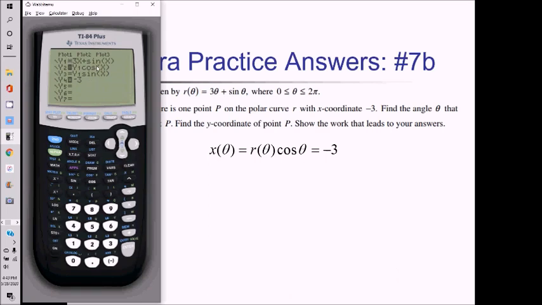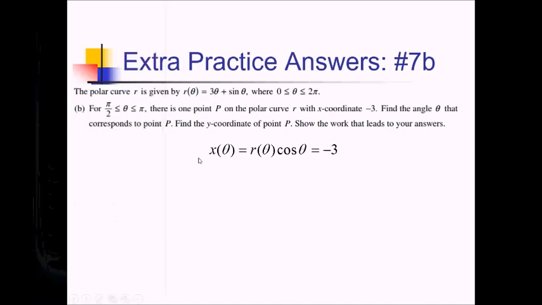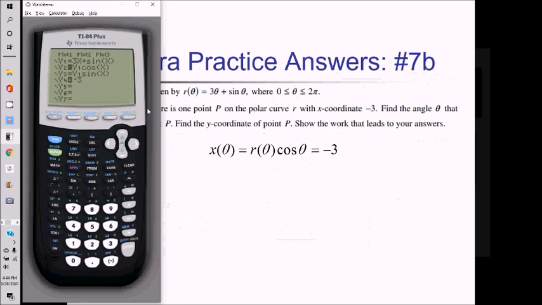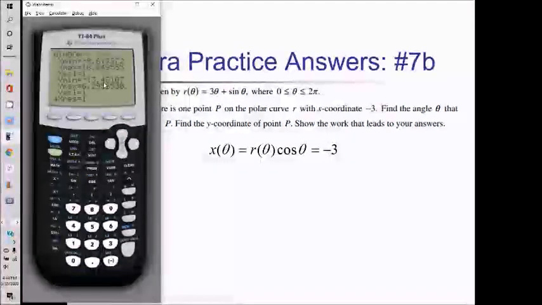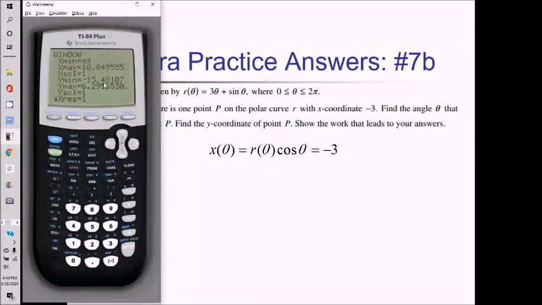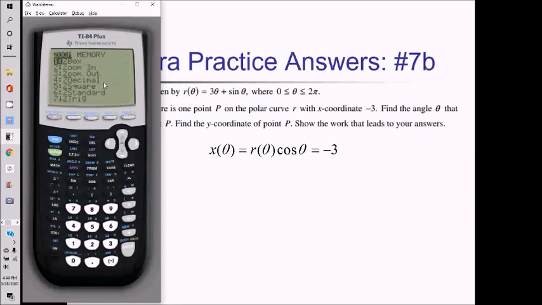Now I'm going to graph what I have here and see where it intersects. And I'm going to graph it on the interval, they said, between pi over 2 and pi. So going back to my grapher, I'm going to go to Window, and I'll do pi over 2 for my x min, and I'll do pi for my x max. And then let me just do zoom 0 and hope for the best.